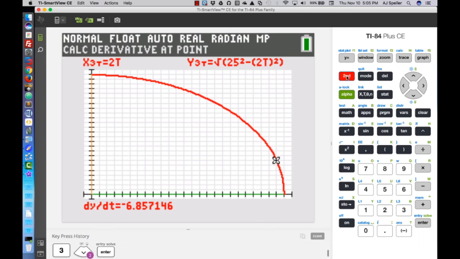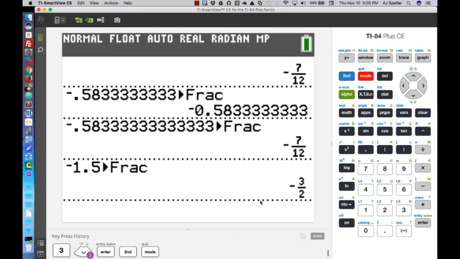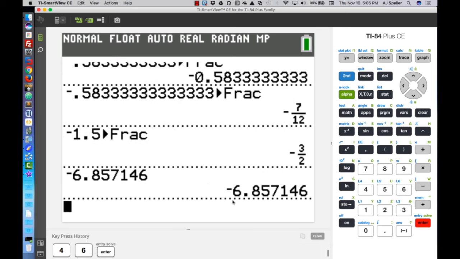And now let's go to second and quit. And let me just write that in. So it was a negative 6.857146. We can't do the math and then fraction because the calculator actually truncated some of the decimal places afterwards. So we'll just put this here so we can visually see it.